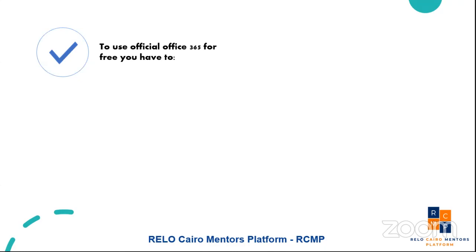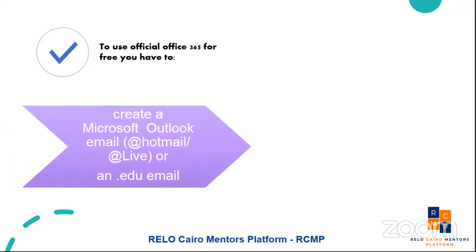First, we are going to discuss how to use Microsoft PowerPoint or even any of the Office suite. First, you have to create a Microsoft Outlook email, which ends with hotmail.com or live.com or outlook.com. Another option is to have an educational email, which ends with .edu instead of .com.